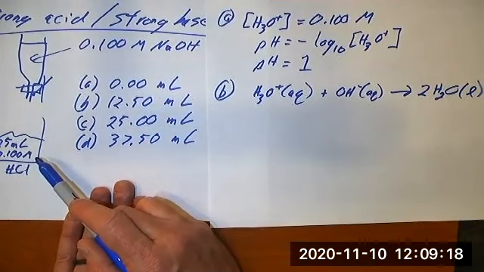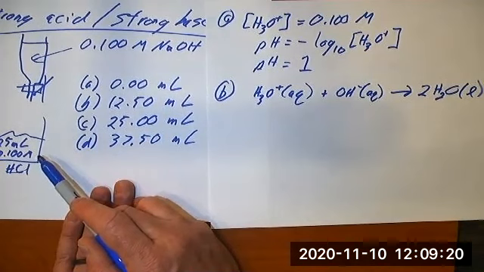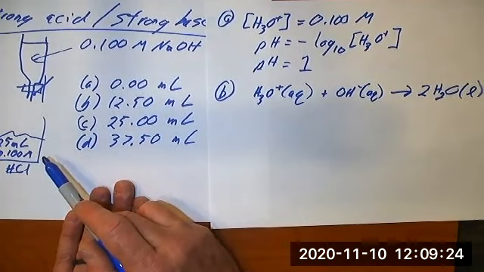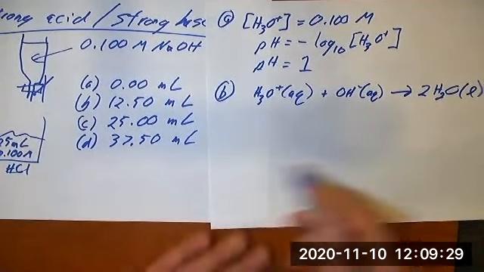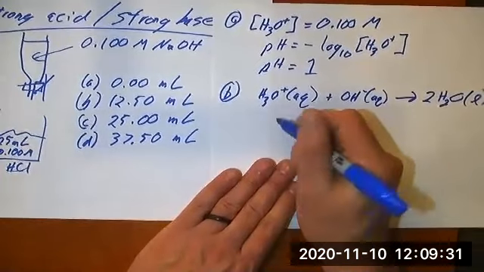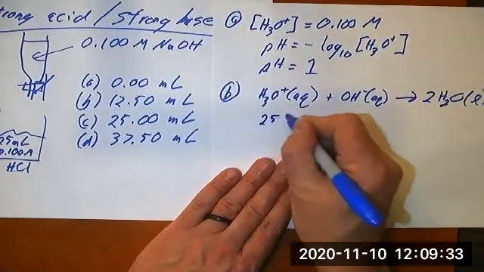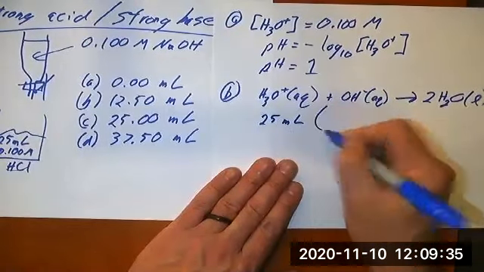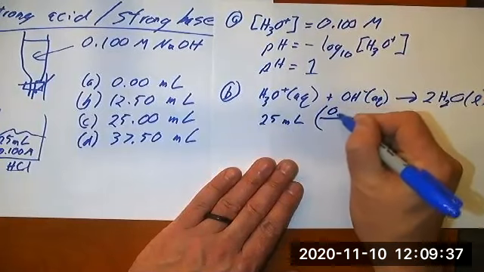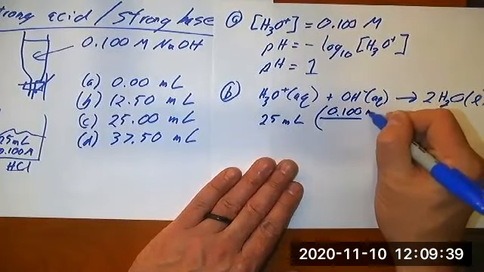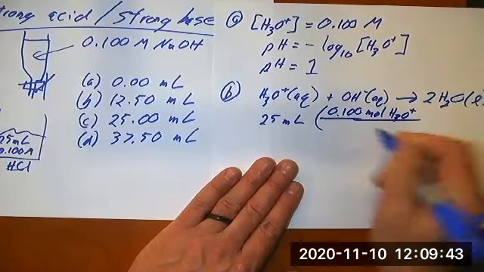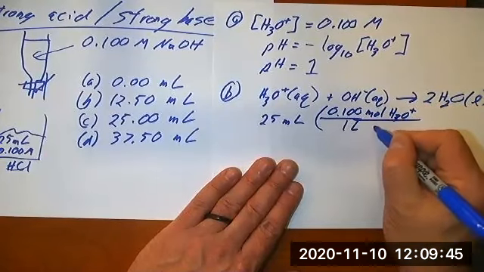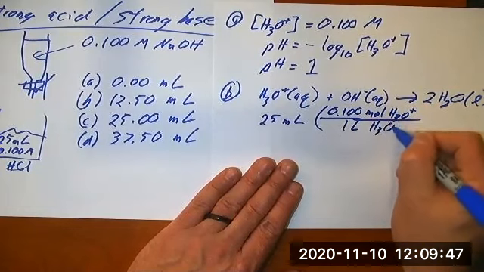The way we do that is by calculating the number of moles that we are dealing with, and then dividing that by the volume that we have at that point. So how much HCl did we start with? We have 25 milliliters times our concentration, 0.100 mole of the H3O+ over 1 liter.